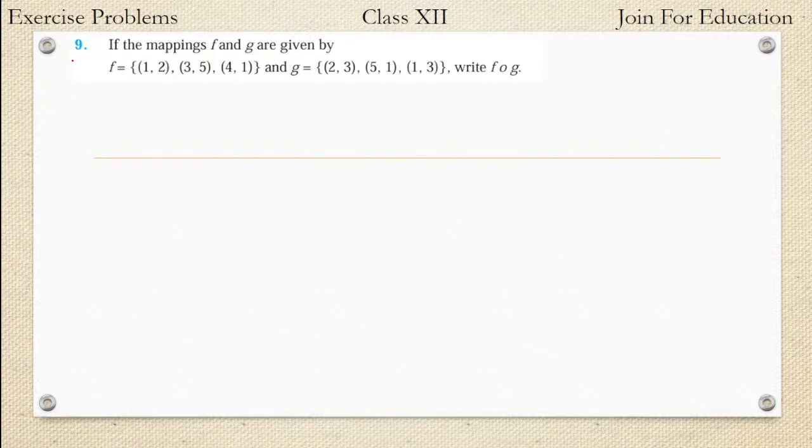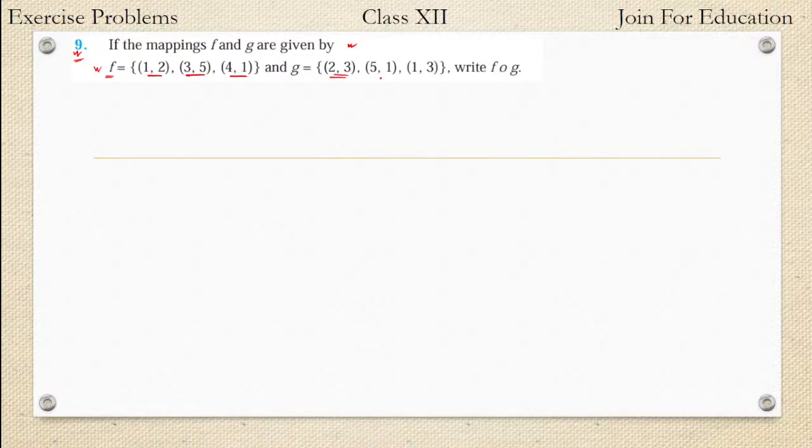Here is question number 9. In question number 9, let me read the question: if the mappings f and g are given by mapping f equal to ordered pairs (1, 3), (5, 4), (1, ...) are the elements of the mapping f.